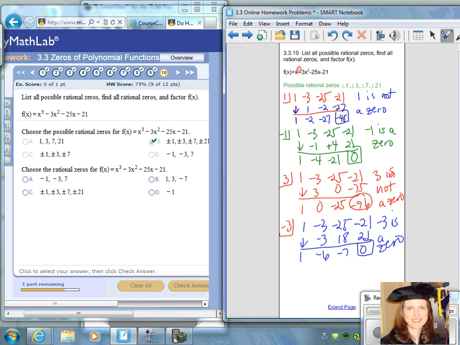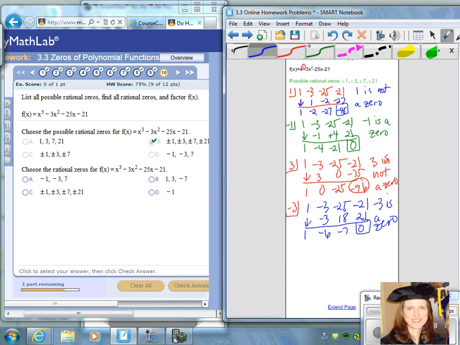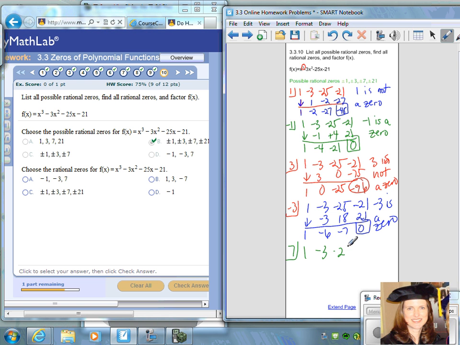Let's try a positive 7. Okay, if we try positive 7 with the setup for synthetic division, we work through this. Okay, so we can say 7 is also a 0 of the polynomial.